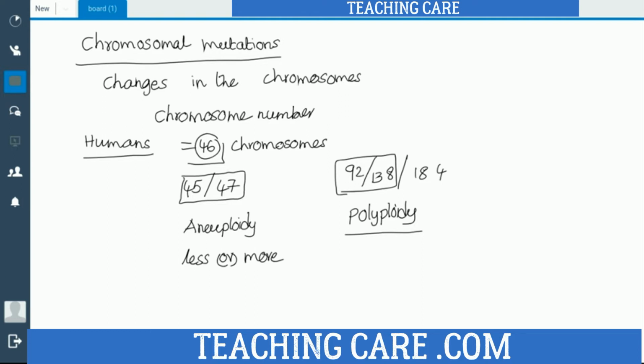It may continue like this. So it is called polyploidy. Polyploidy means the chromosome number is double, triple, 4 times, 5 times, whatever.